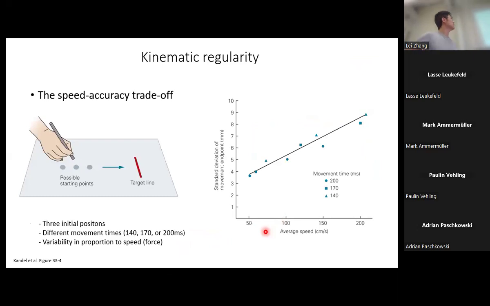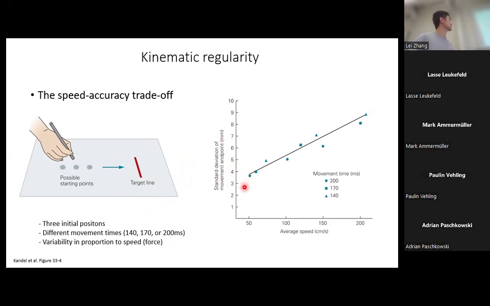So I'm going to talk about this kinematic regularity. This is a very simple example. If you do a pointing movement with a pen, starting from different starting points to the target flag, you can move with different speeds. And what we found is that if you move faster, the accuracy will be less, and the slower you go, the more accurate you become.